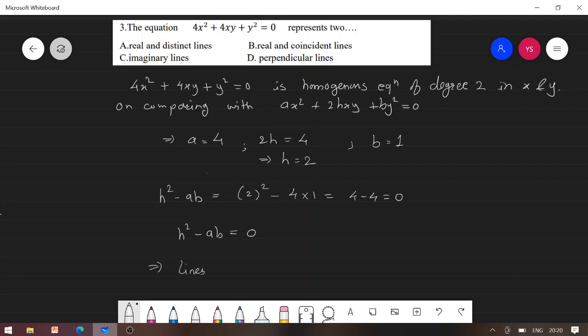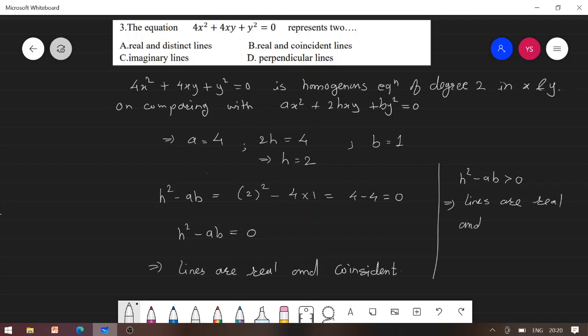Lines are real and coincident. If h square minus ab is greater than 0, that implies lines are, keep in mind for extra knowledge, real and distinct.